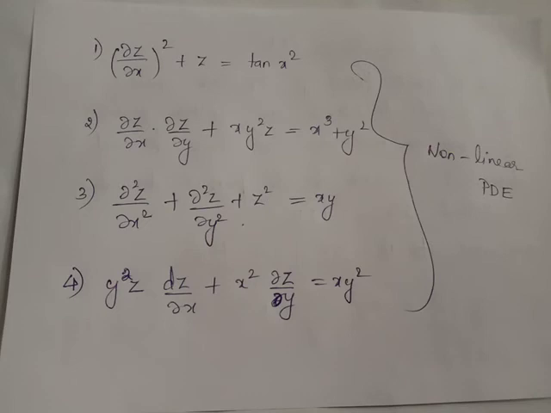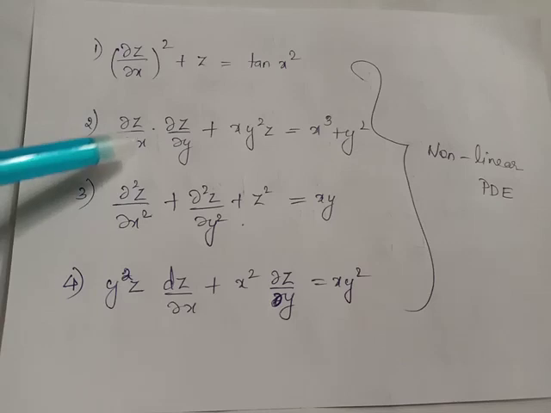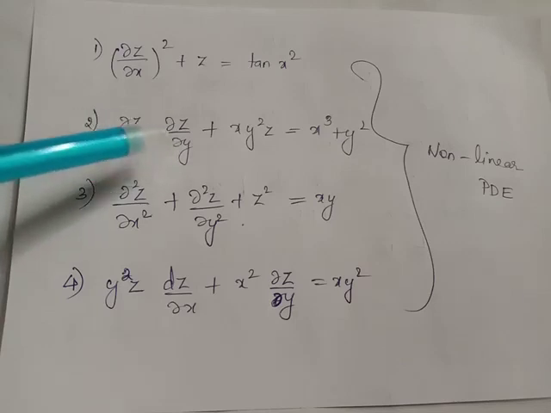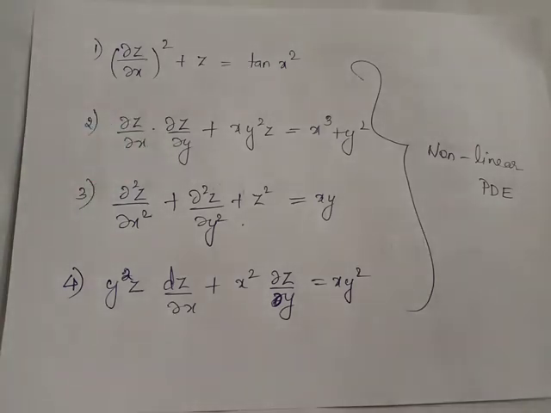For the second equation, we have the ∂z/∂x into ∂z/∂y term, because of which this becomes a non-linear partial differential equation, because the partial derivatives of the dependent variable occur in product format. This particular term makes this a non-linear partial differential equation.